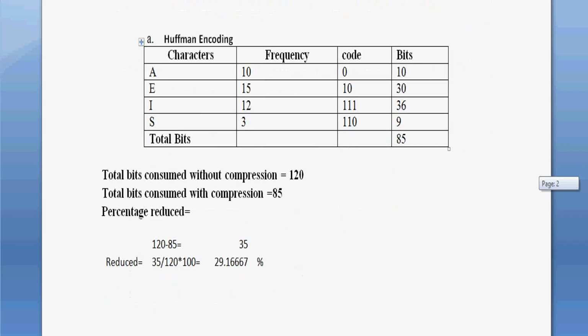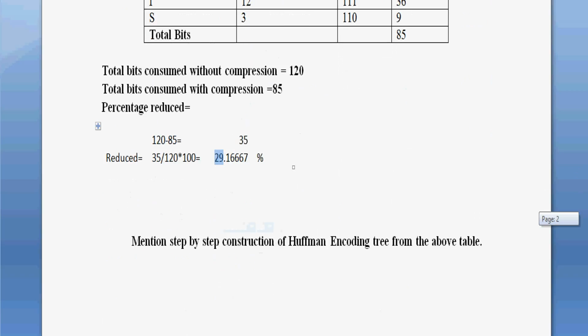Without Huffman encoding, the total bits consumed was 120. After the compression we consume 85, and the difference of 120 and 85 is 35. In percentage, we reduce almost 29% of the real weight of the data.